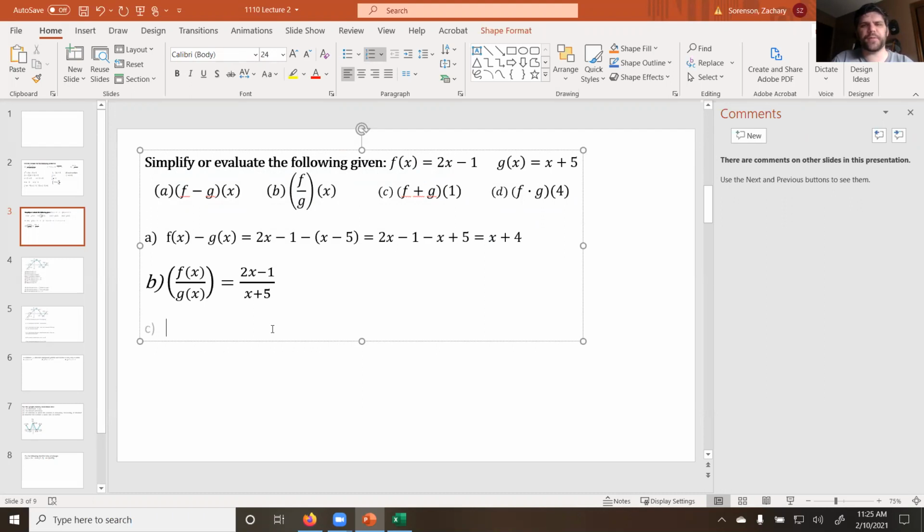Typically, a more efficient way of doing it is actually finding each piece. So first finding my f of x, or my f of 1, which f of 1 is going to be 2 times 1 minus 1, which is, well, just 1. Not too bad. And then finding my g of 1.